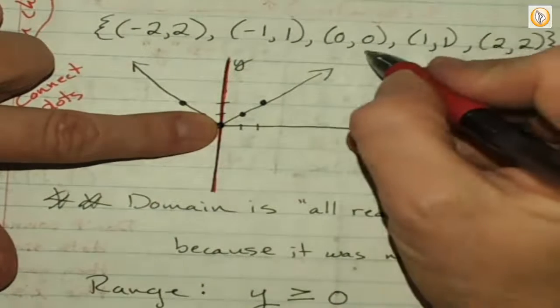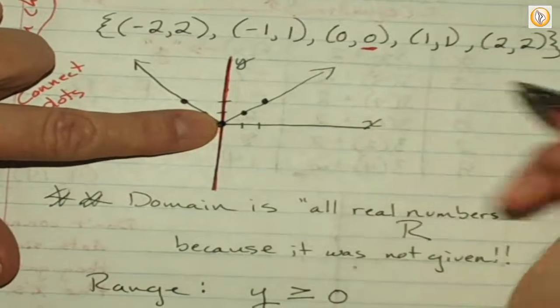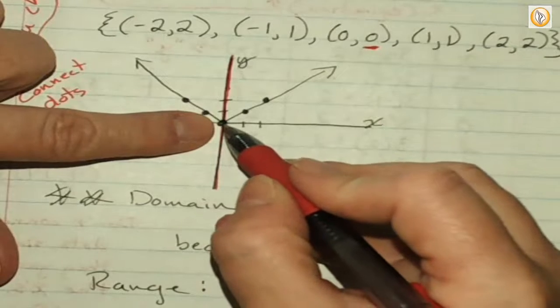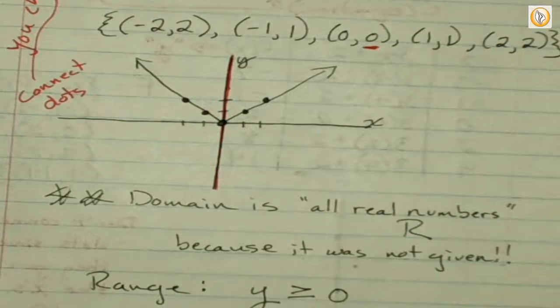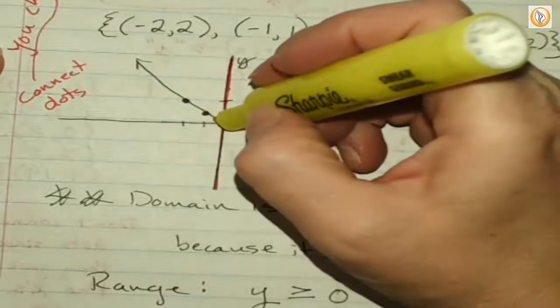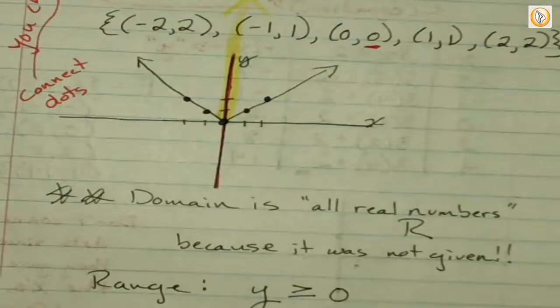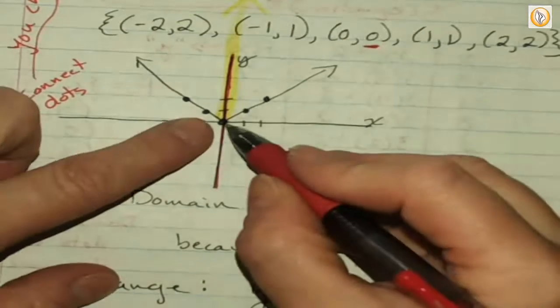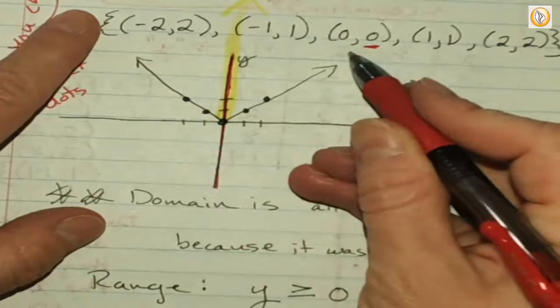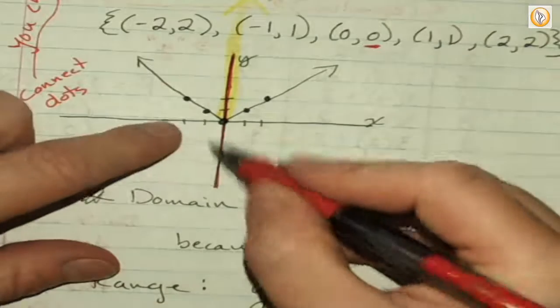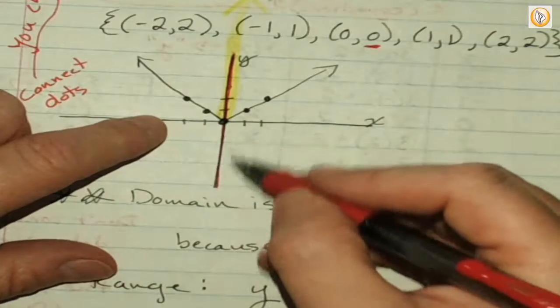So it starts right here, and then it utilizes all of the y going up to infinity and beyond. But not under. See how the graph is going up? It never goes down, so we never use this portion.